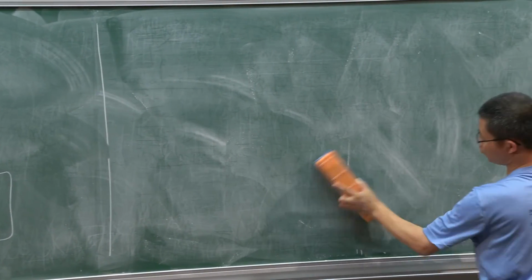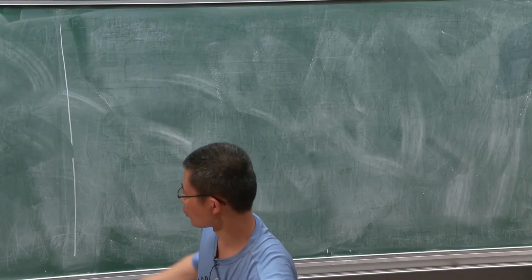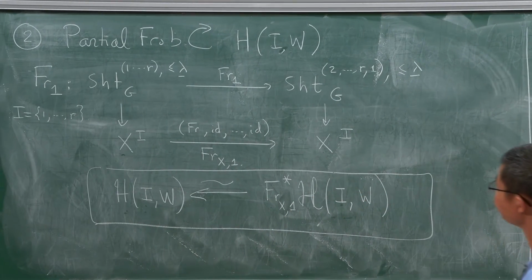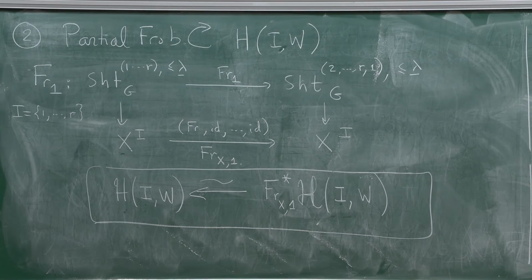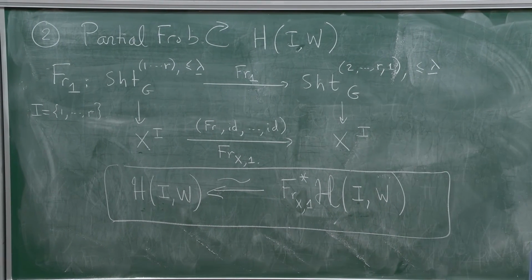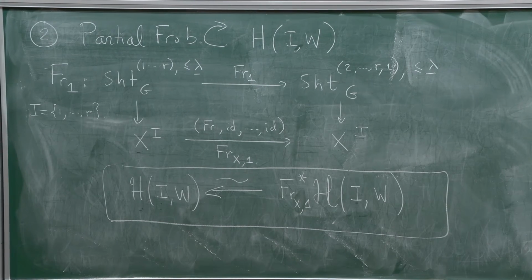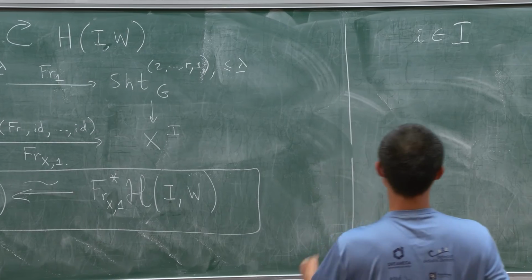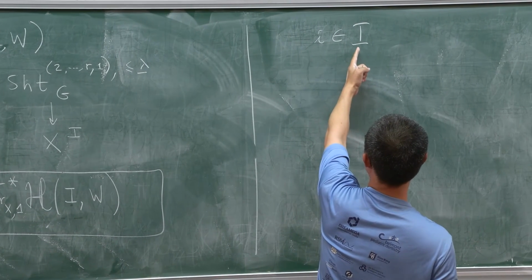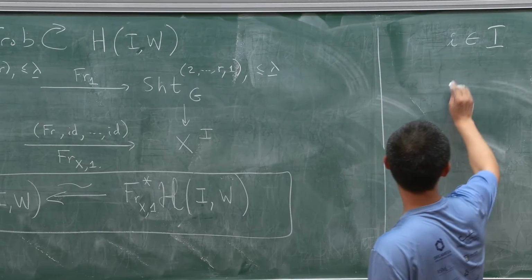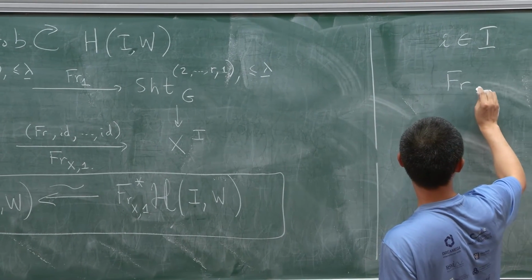So this is really a place where you need to introduce the iterated version. And in fact, more generally, you can call any element i in I, call it 1, and this gives you Frobenius on the ith factor.